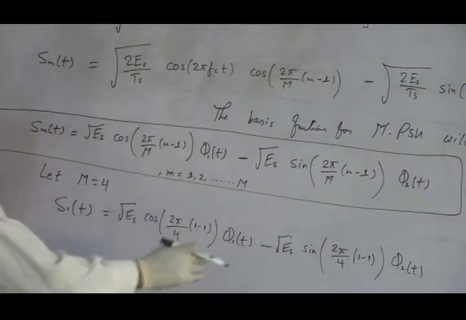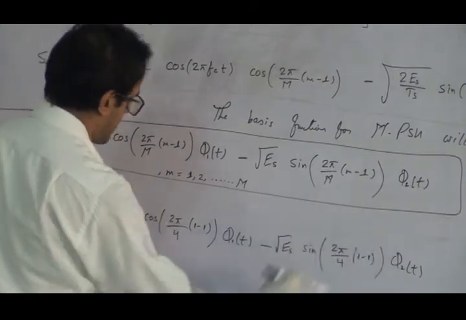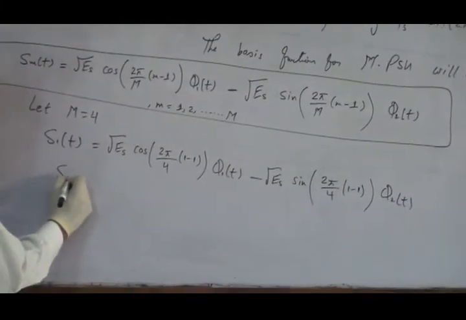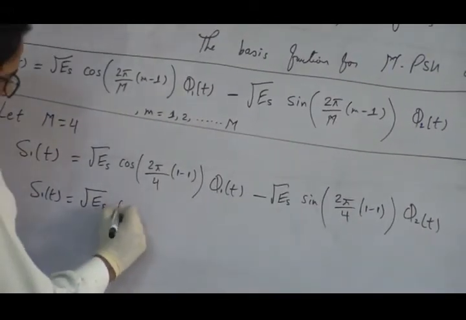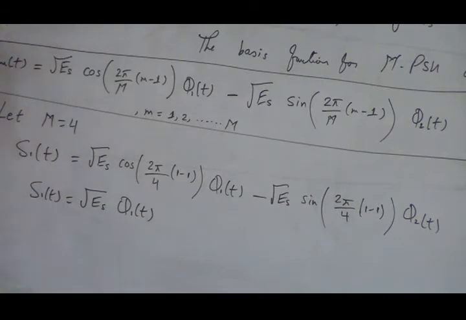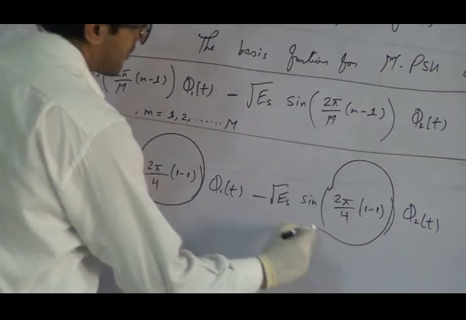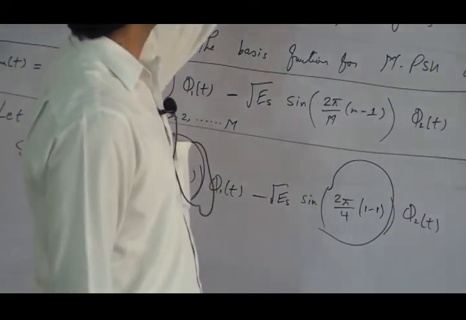If you solve it further, this will be 0, since sine of 0 is equivalent to 0 and cos of 0 is equivalent to 1, right? So S1 of t will be under root Es phi 1 of t. If I ask you the value of the phase, this bracket term basically represents the phase, where it is 2 pi by M times m minus 1.